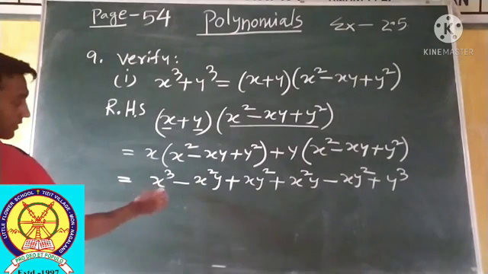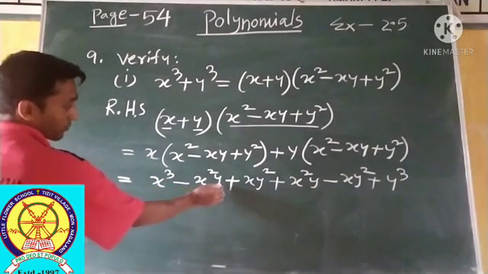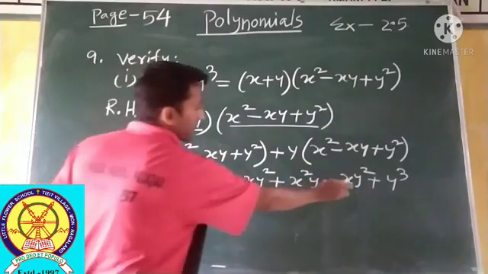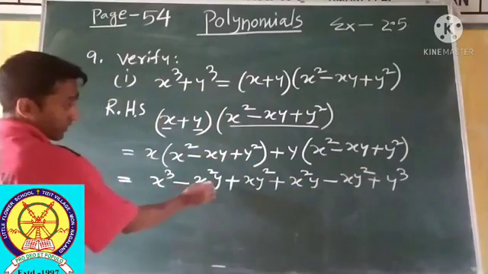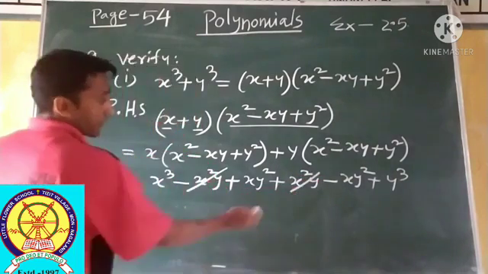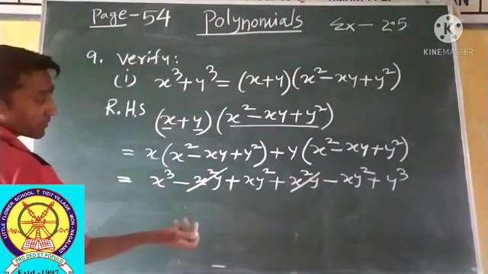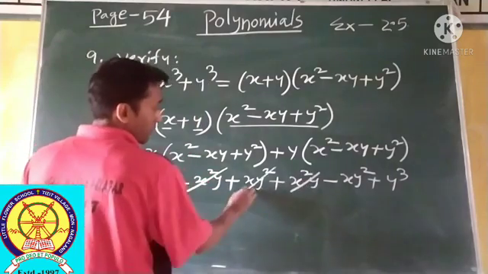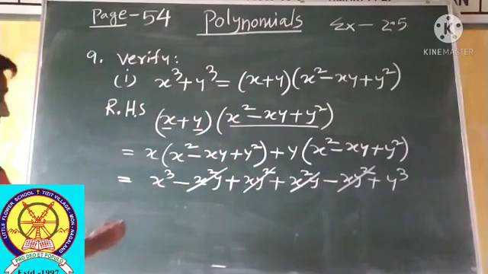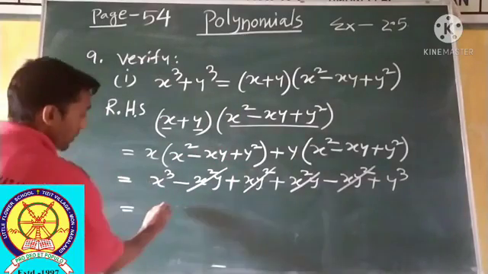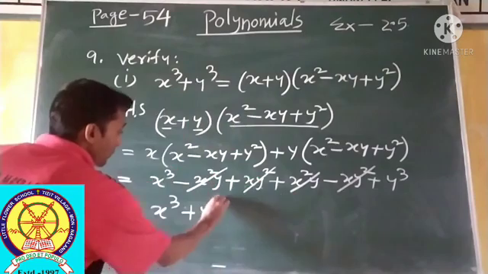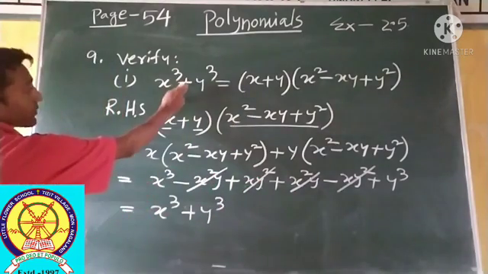Now you see x cube minus x square y plus x y square plus x square y minus x y square plus y cube. Now you see this one x square y, this one negative, this one positive. X square y minus x square y becomes 0. X y square minus x y square you can cancel. If you subtract, then you will get 0. So what we have now? Only x cube plus y cube, which is, you see, the left hand side.